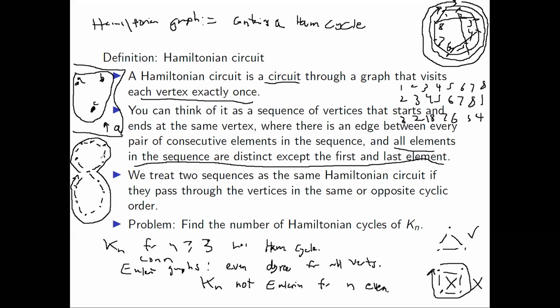And this one, we can see that it is not going to have a Hamiltonian cycle. And that's because this vertex right here messes things up. And we're going to talk a little more about why this one cannot have a Hamiltonian cycle in a few slides.